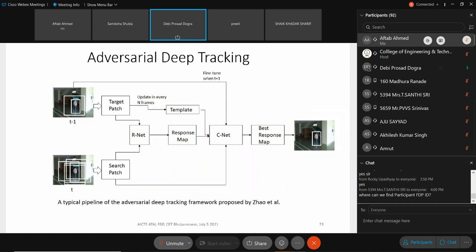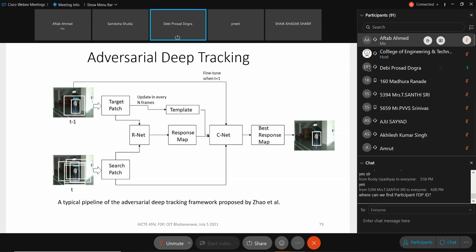Then came the next version, adversarial deep tracking, where you apply ResNet as well as convolution networks together in a framework to do the detection.